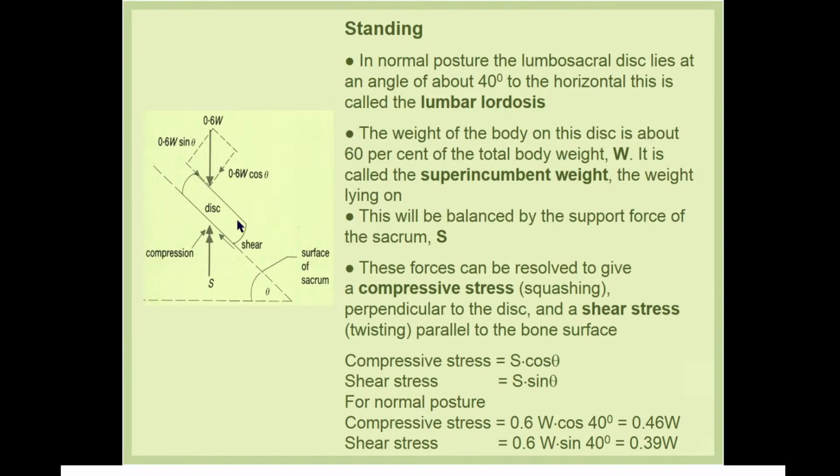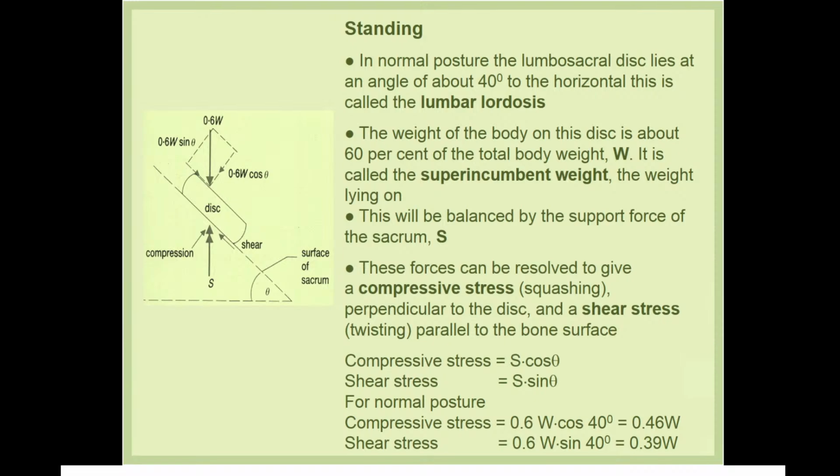And when we consider this as a standing position, what can we see? In normal posture, the lumbar sacral disc lies at an angle of about 40 degrees to the horizontal. This is called the lumbar lordosis. The weight of the body on this disc is about 60% of the total body weight.